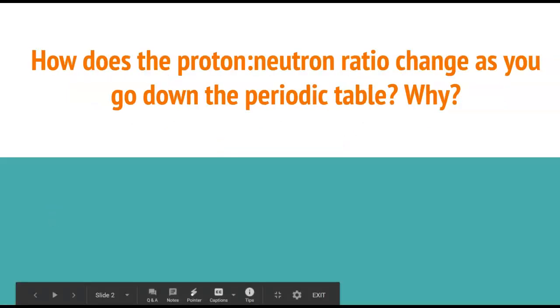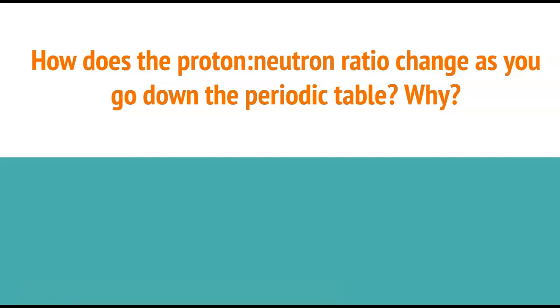So the first question I want to answer is one that we have only very briefly touched upon on the periodic table, and that is, how does the proton-neutron ratio change as you go down the periodic table, and why?